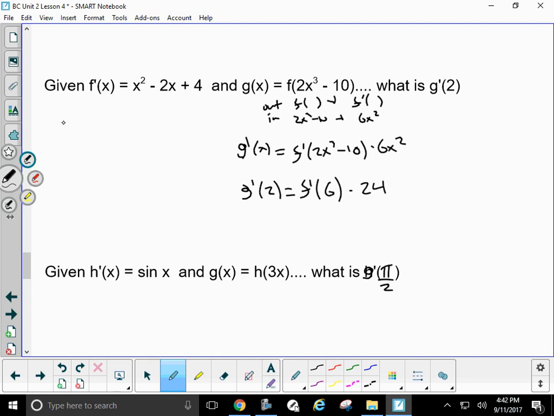Well, here's what f prime is equal to. f prime of 6 is 36 minus 12, which is 24, plus 4, which is 28. So 28 times 24 will be g prime of 2. What is 28 times 24? 672.